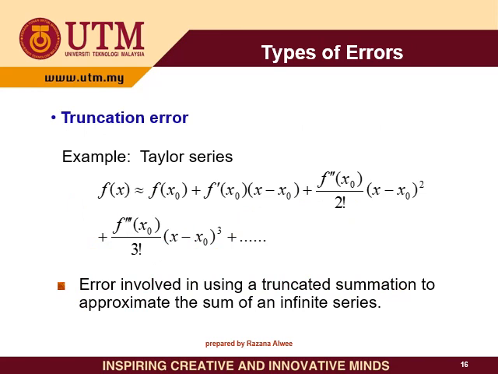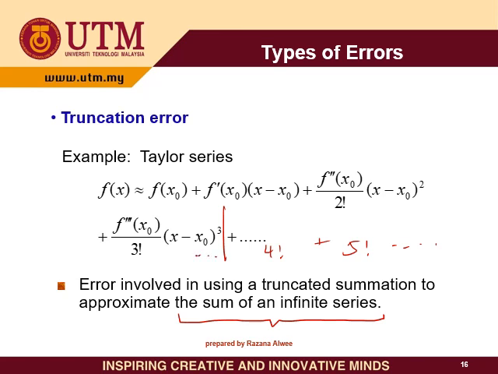What are the types of errors that we have? First, we have truncation error. For example, the Taylor series involves the sum of an infinite series. If it's infinite, we have plus 4 factorial, and then we need to have 5 factorial, and so on. If the calculation is performed until the third order, the series has been truncated to 3 expressions only.